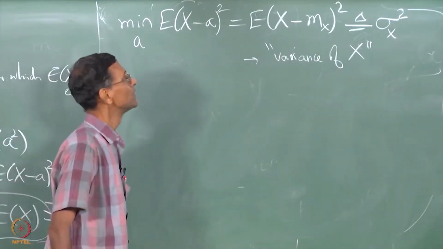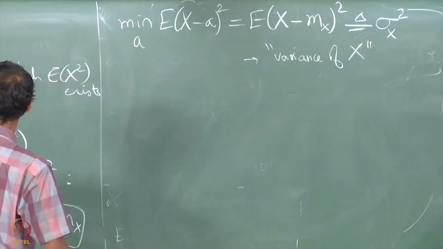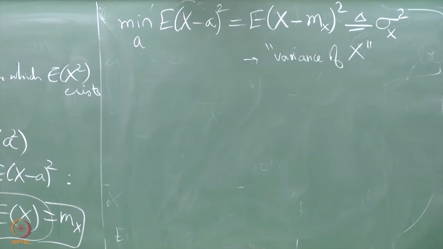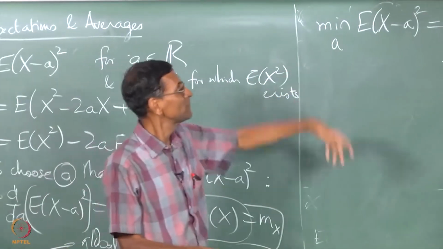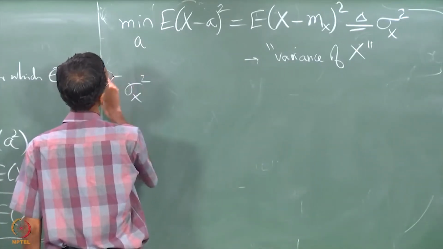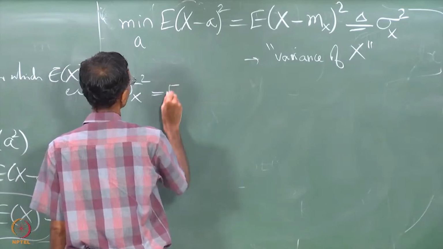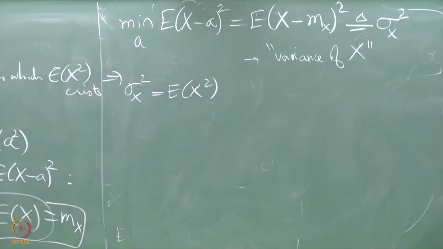And if I want to simplify that, all I have done so far is substitute a star, or mx, for a. But I can simplify. What happens if we simplify this? Basically, in E of (X minus a) squared, I am going to substitute in place of a, what am I going to write? I am going to write E of X itself.